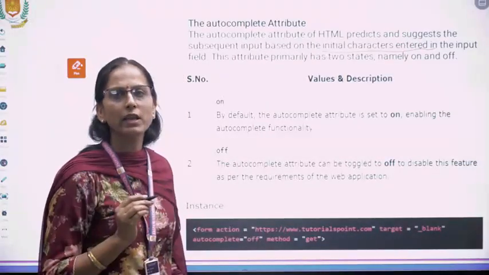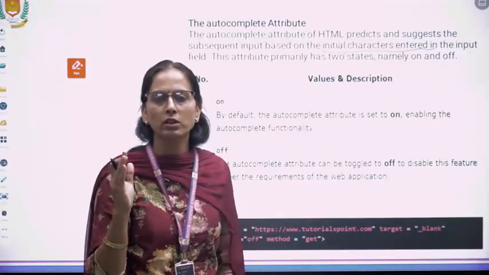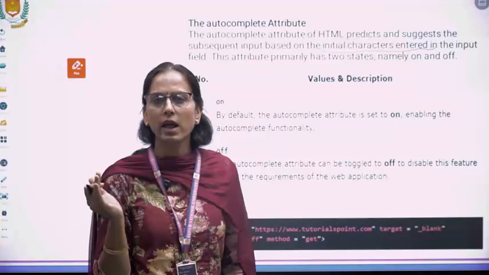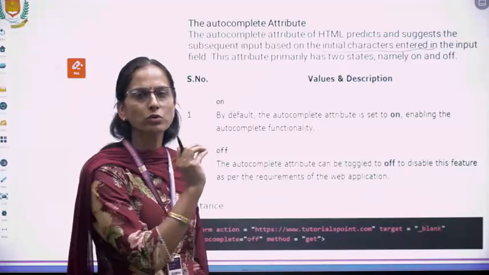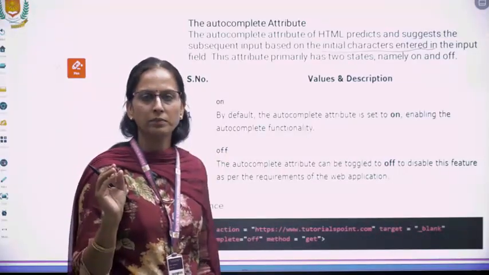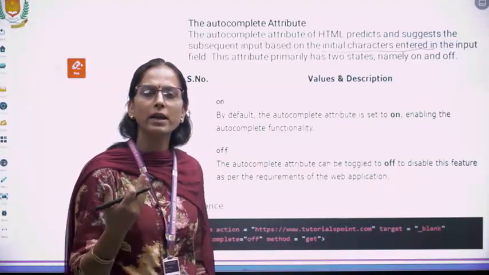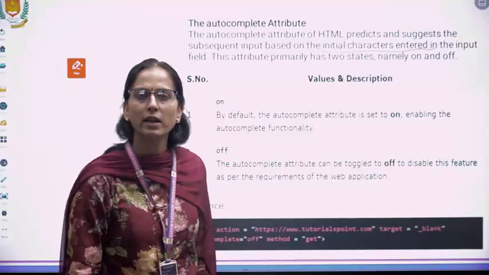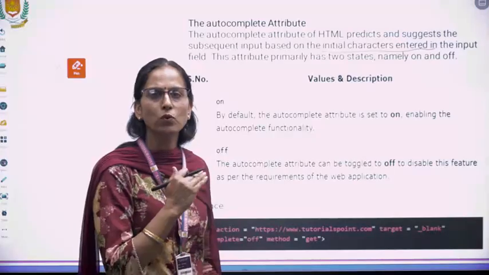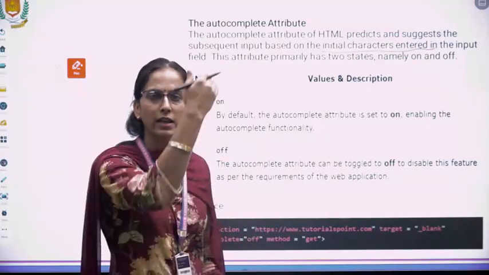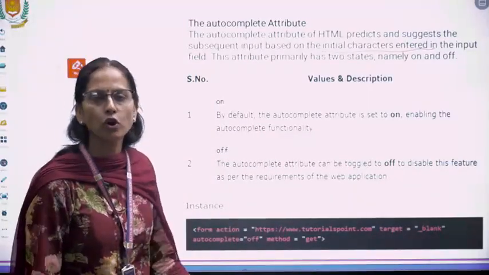As we start writing in WhatsApp, in the Google search engine, in the Facebook search boxes, Instagram, everywhere, as in YouTube, as you start writing some characters, you get suggestions there, and it will be automatically completed just by clicking on them. Suppose you are finding some bhajans, as you write BHA, you will get the suggestions. This kind of feature is known as autocomplete.